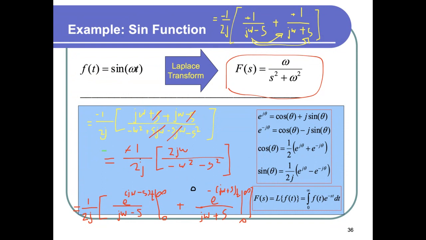This minus sign cancels with this one. 2j here will cancel with the 2j here. And this is exactly equal to this. Do you guys see that? Yes, it's clear now. Good. All right.